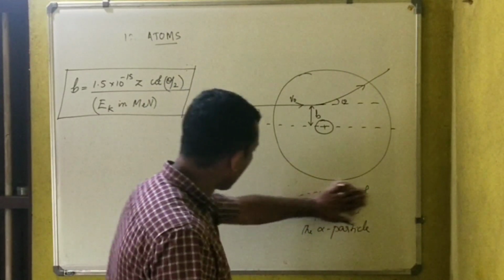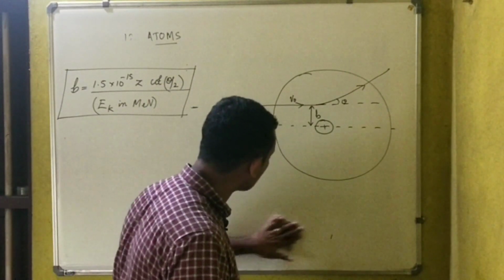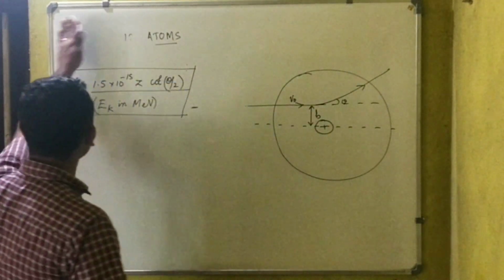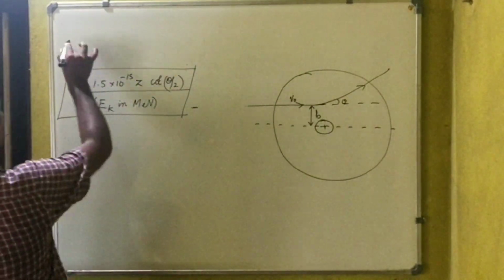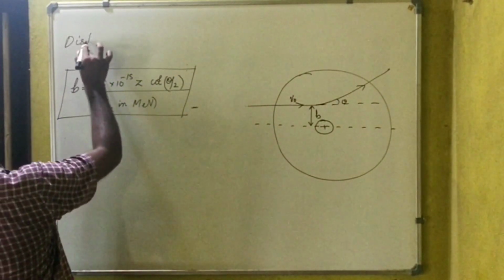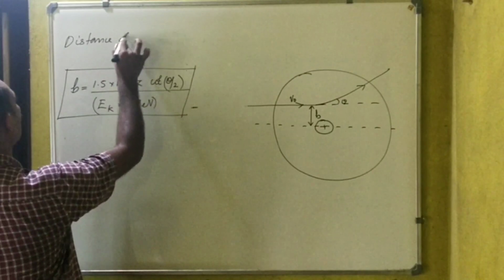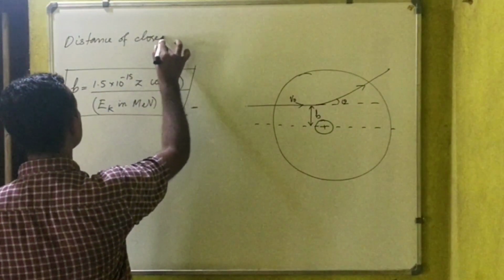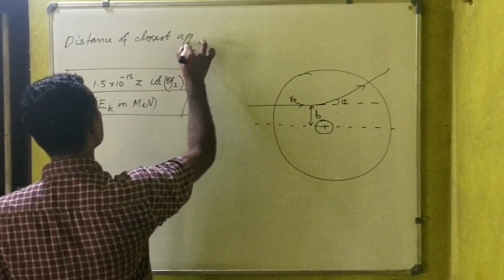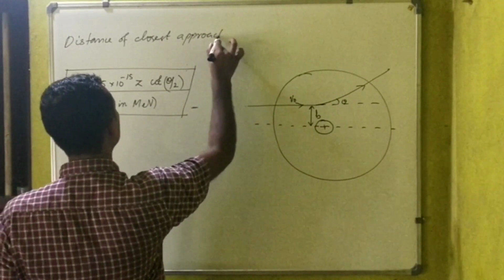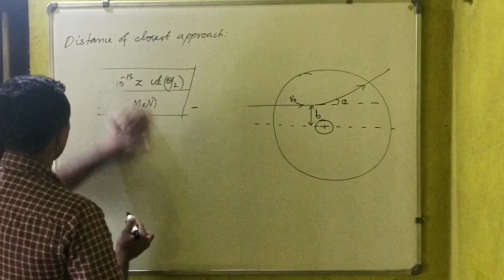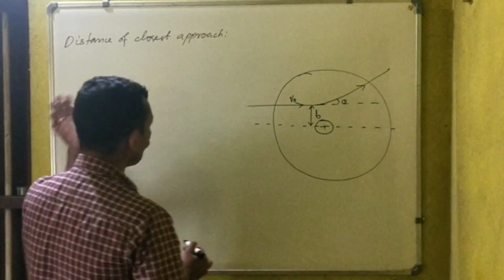The second point which predicted the size of the nucleus was the distance of closest approach. So what do I mean by distance of closest approach? Let me tell you.